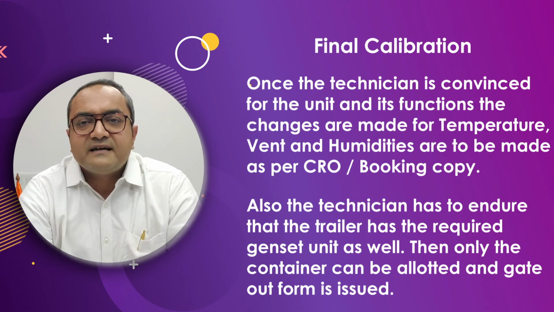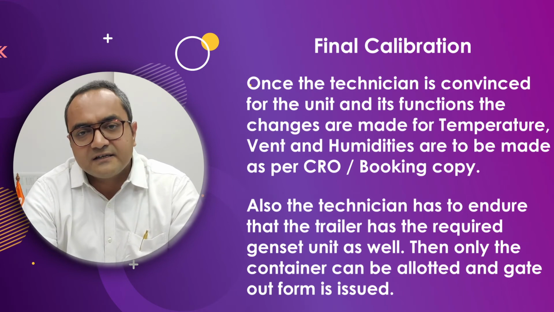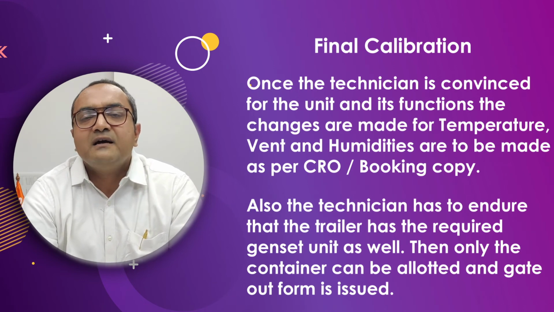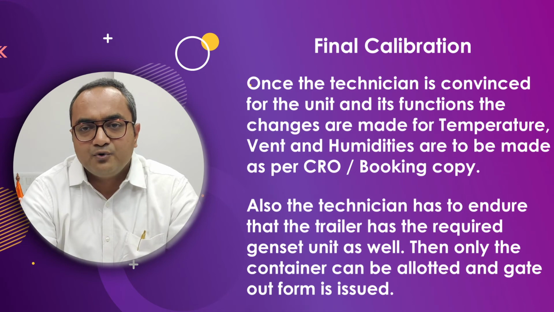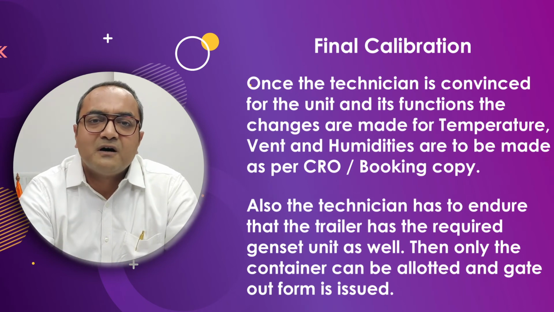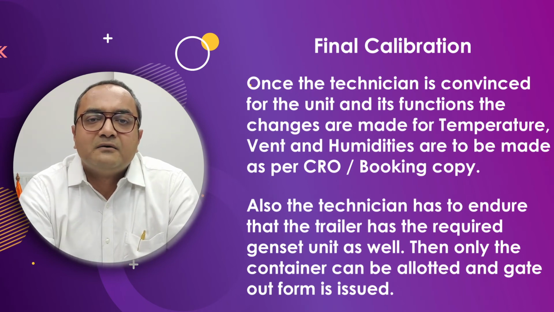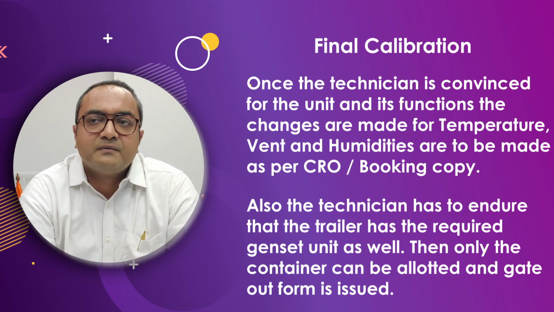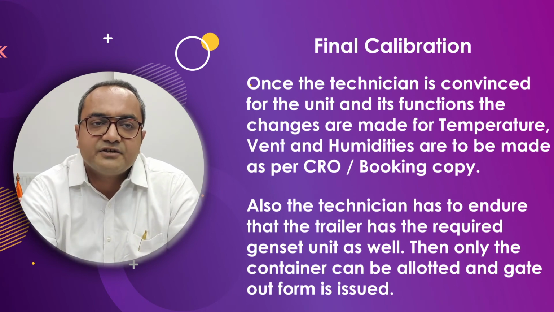Also any humidity setting requirement. For example, for pharma, usually 65% humidity is required to maintain the cargo intact and in proper condition. So all the requirements have to be precisely updated, and the equipment should be kept on those particular settings by the technician.